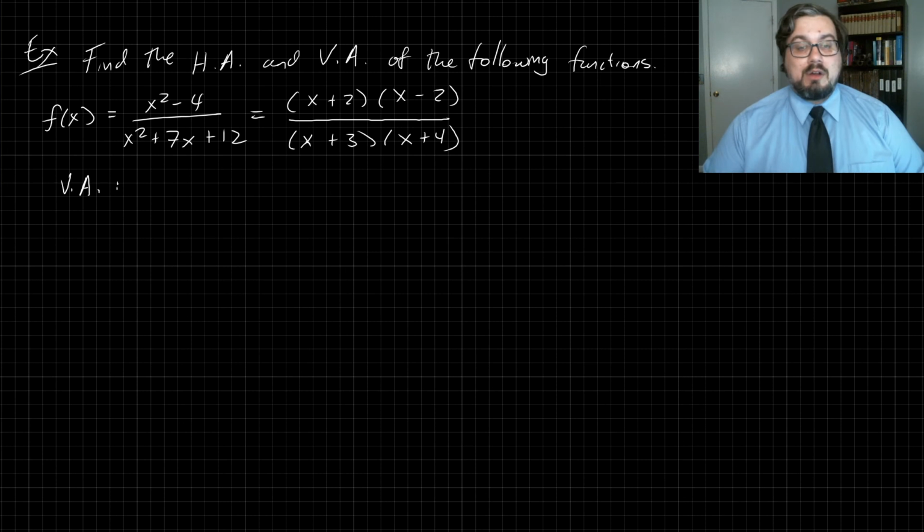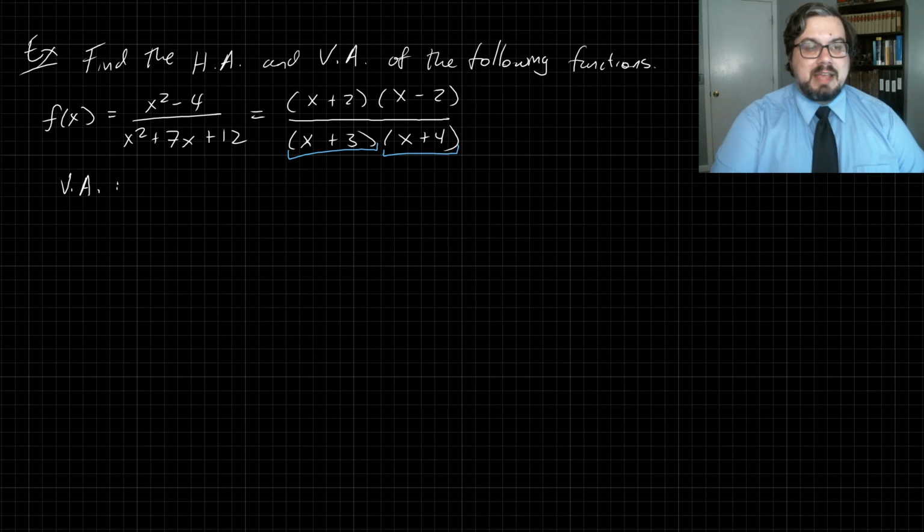In this case, there aren't, and so each one of the factors in the denominator generates a vertical asymptote. So our vertical asymptotes become x equals -3 and x equals -4.